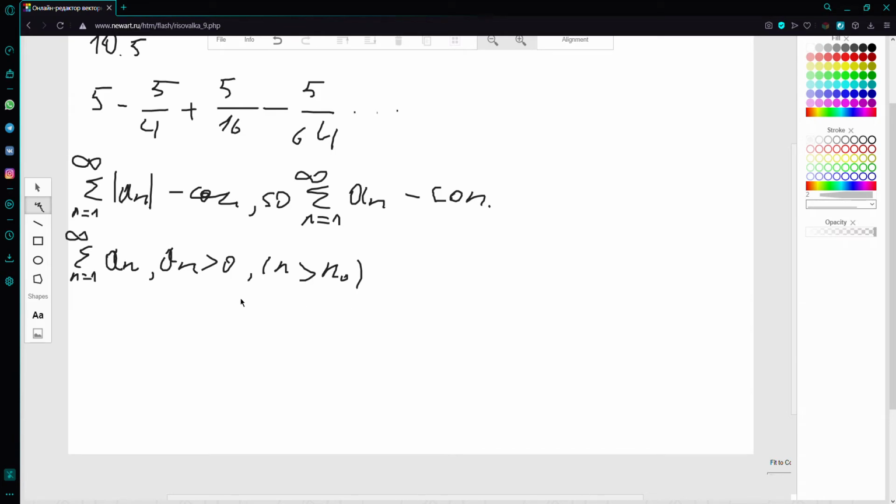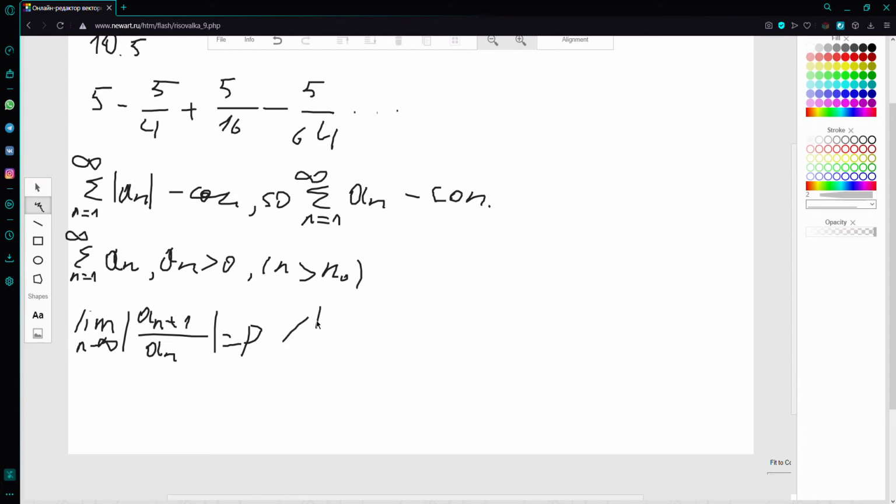So we can consider the limit as n goes to infinity of the absolute value of a_(n+1) divided by a_n. Let's suppose that it is equal to some p, and here we have conditions.